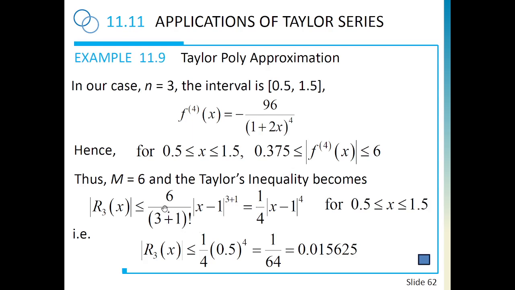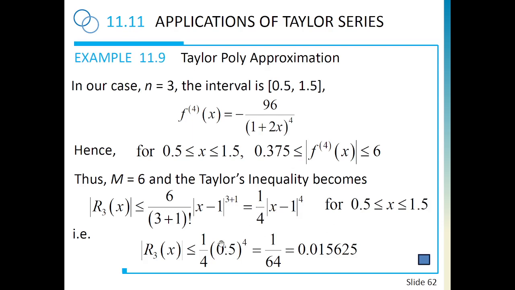So M is equal to 6 in the formula. Okay, so we just plug in 6. Our n is 3, so we have 3 plus 1, so 4 factorial. Upstairs is 6, so we simplify a little bit, and that's why we have this expression here. And now the last step is to find the upper bound for |x - 1| for x between 0.5 and 1.5, so that's obviously 0.5.